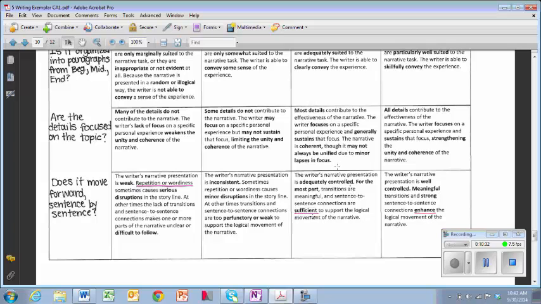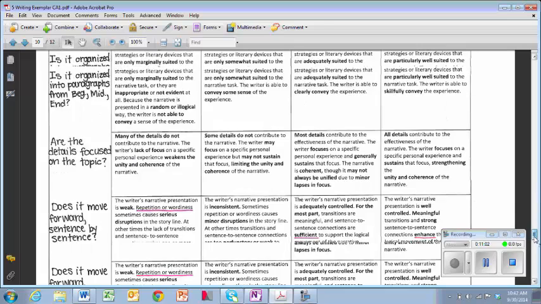They have varied sentences, and the transitions are meaningful. In order to get a level 4, the sentence-to-sentence connections really need to enhance the movement of the narrative. So not just that they're there and they help, but they really enhance because of the specific phrases and transitions and types of sentences that that scholar is using.